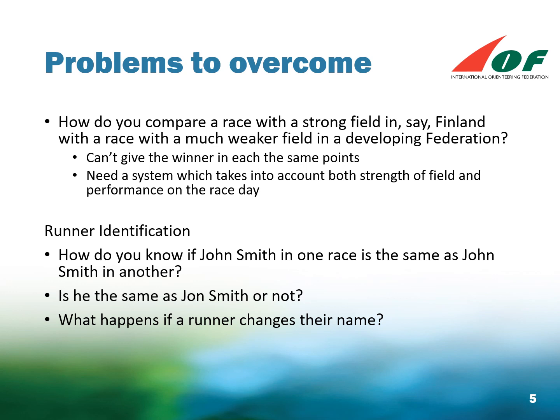Assuming such a system is possible, we need an automated way of calculating, storing and displaying results and points. And it needs to be able to give the right points to the right person. But we all know that runners' names can be spelled in different ways, or there might be misprints in the start lists. So how do we know that John Smith in one race is the same as John Smith in another?